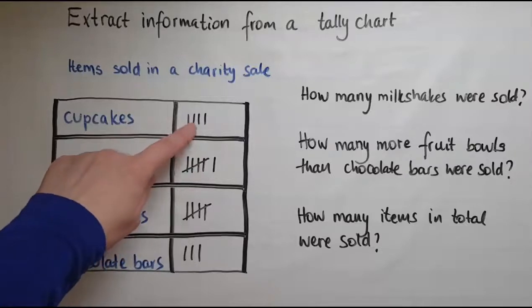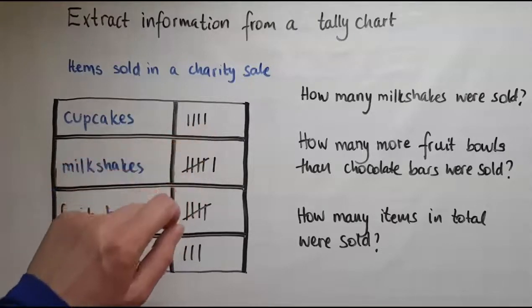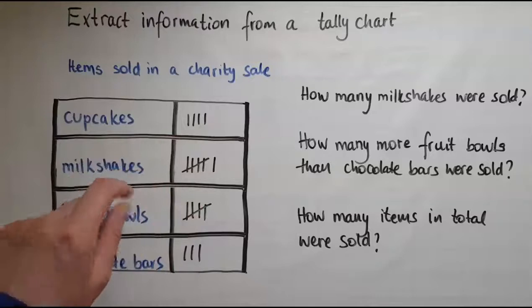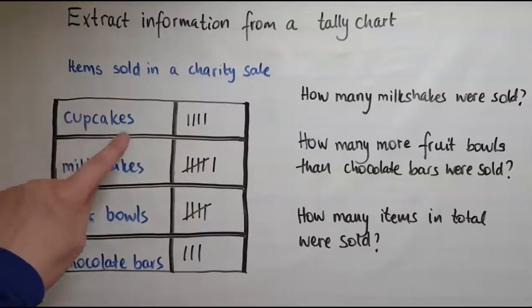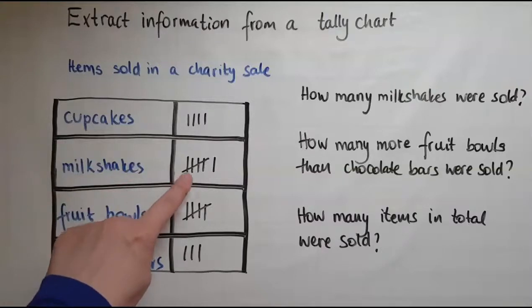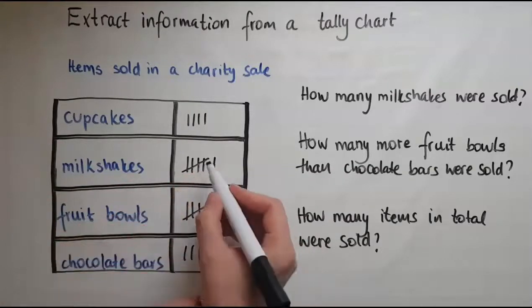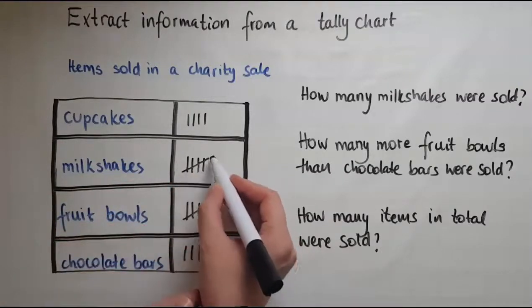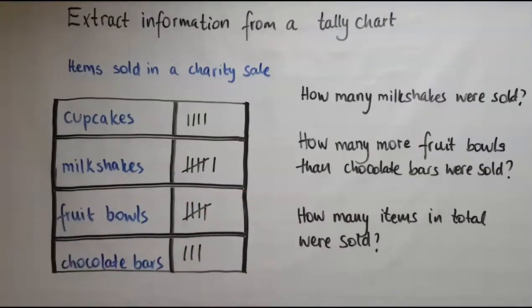So we've got 1, 2, 3, 4 marks, which suggests there were 4 cupcakes sold. We've got 1, 2, 3, 4, 5, 6 milkshakes sold, and we've got 1, 2, 3, 4, 5 fruit bowls sold, 1, 2, 3 chocolate bars.